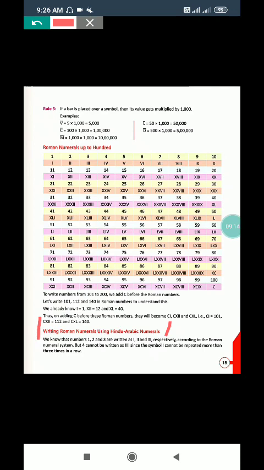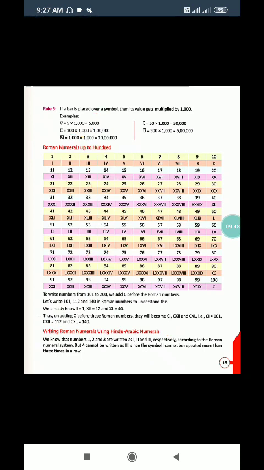But 4 cannot be written as IIII, since the symbol I cannot be repeated more than 3 times in a row. It is wrong. Maximum 3 times is allowed. It will not allow 4 times to write any number repeatedly.